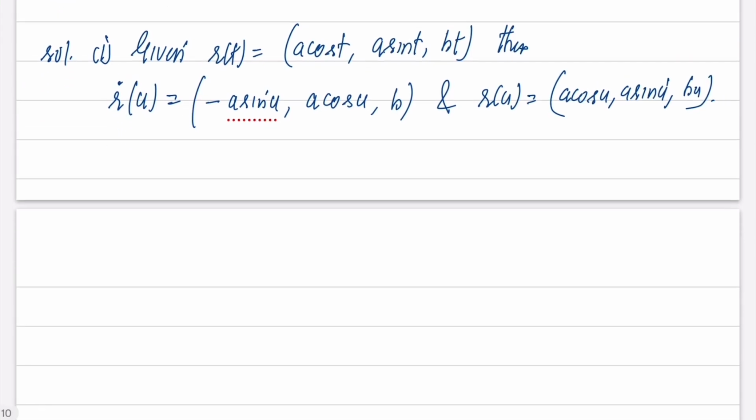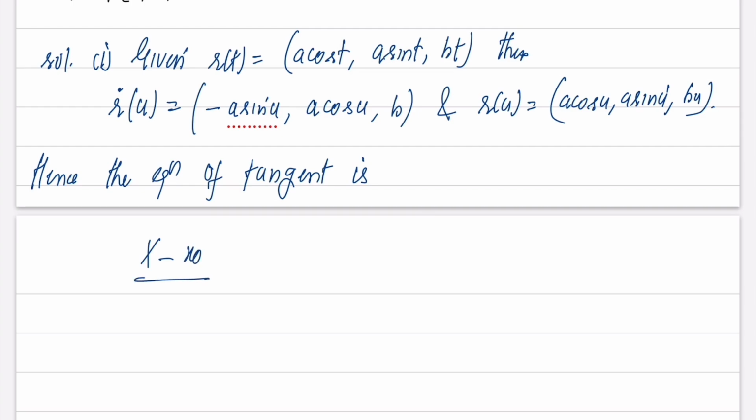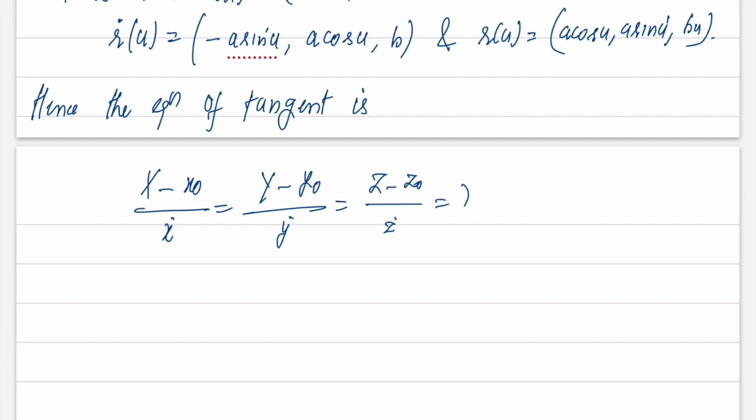Therefore we can immediately write down the equation of the tangent. The equation of tangent is x minus x naught divided by x dot equal to y minus y naught divided by y dot is equal to z minus z naught divided by z dot, and we can write this as equal to lambda.